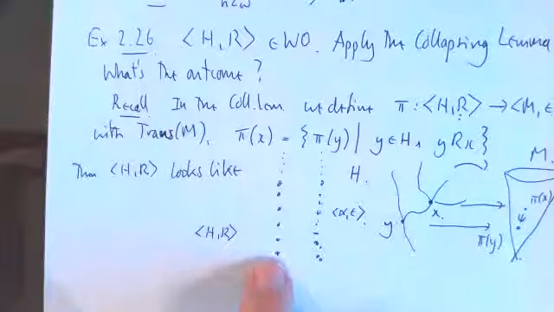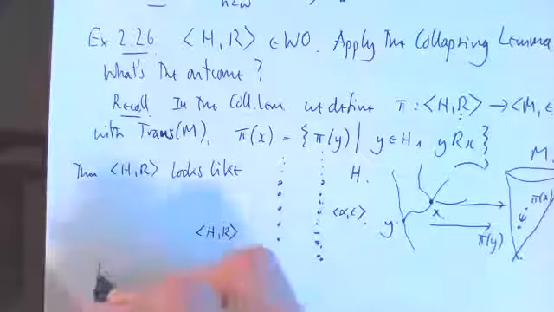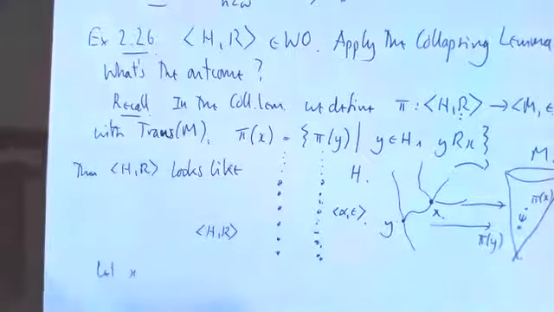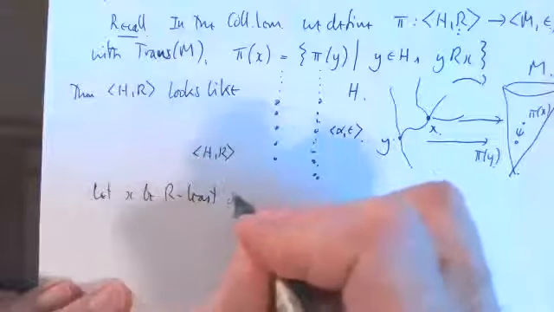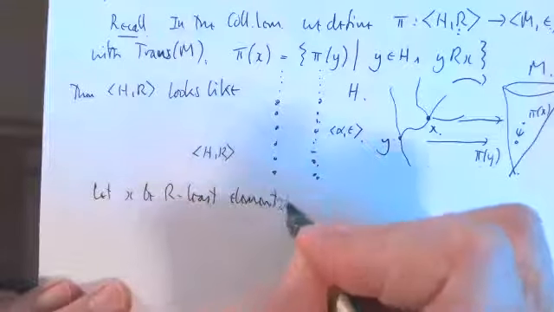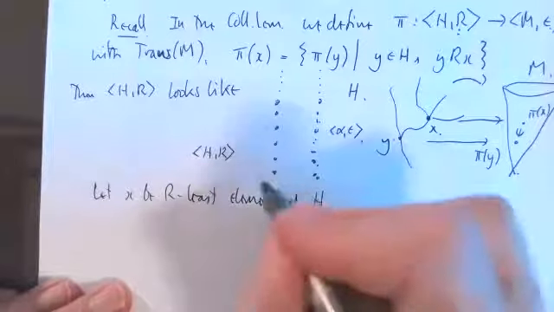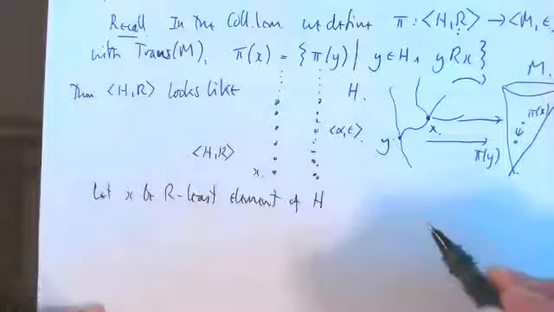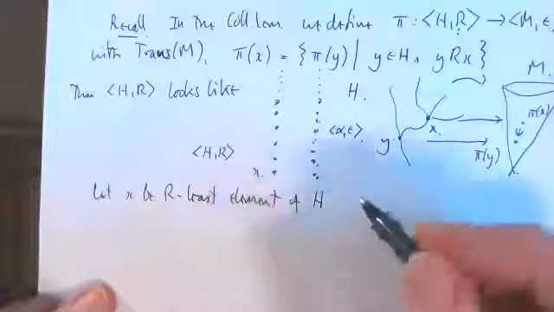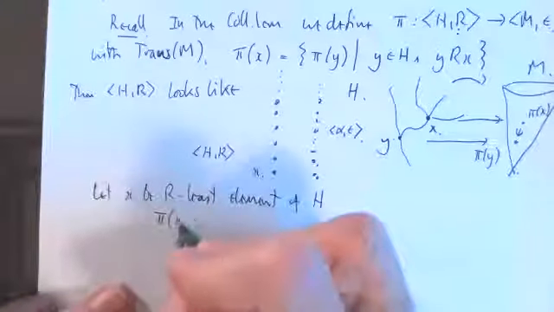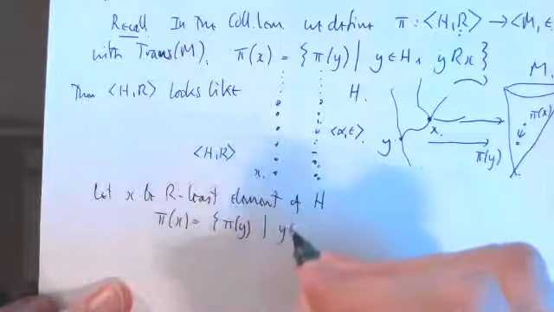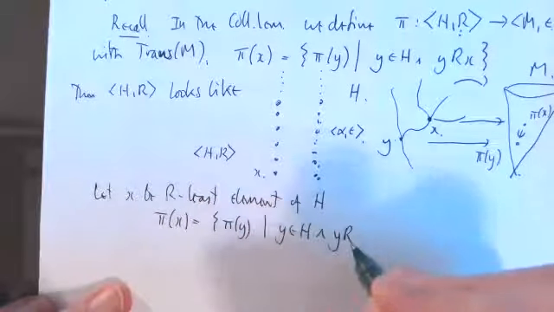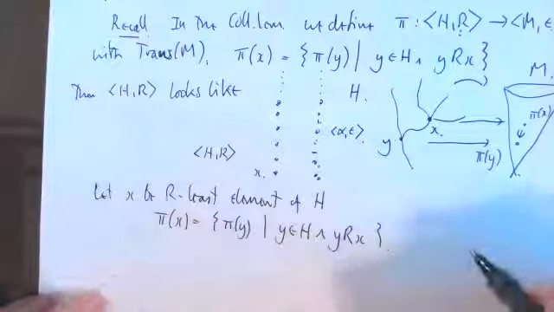If x was the least element of R in H, here it is, right? What is pi going to do? Pi of x is supposed to be the collection of pi of y's, such that y is in H and y comes before x.